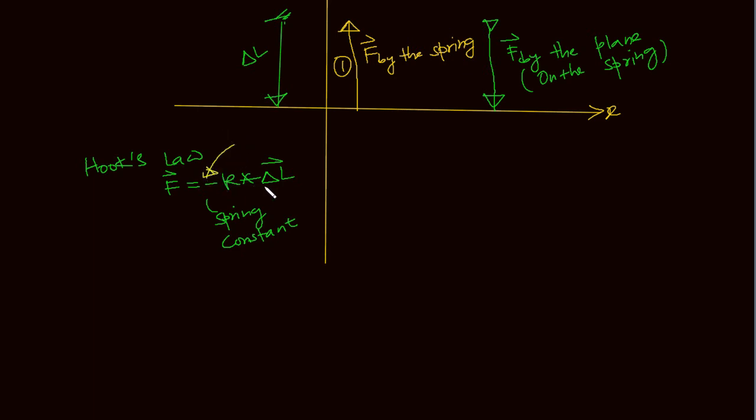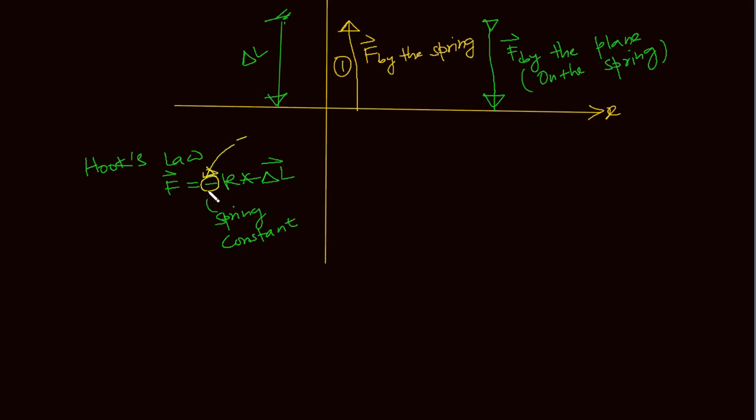So look at it here and see which one has the opposite direction. Delta L and force by the plane on the spring are both downwards, and force by the spring is upwards.